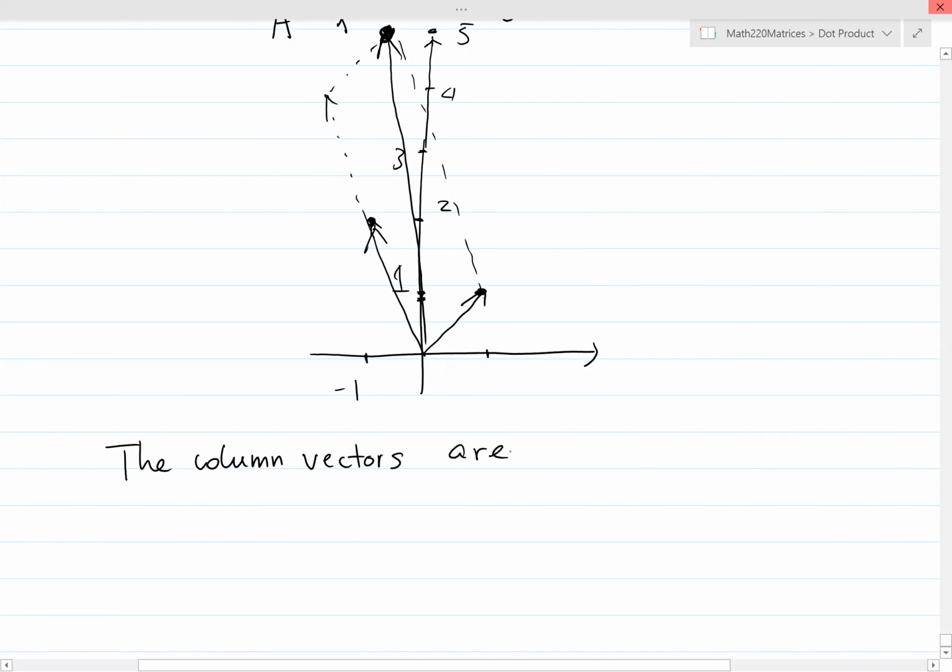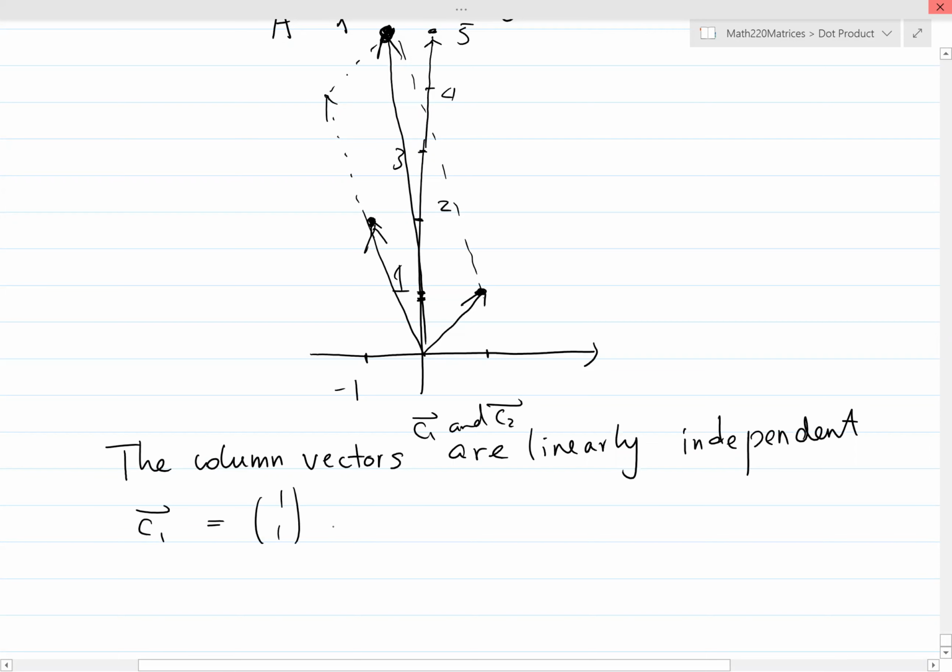They are in different directions, so they span the whole space. Here C1 equals (1, 1) and C2 equals (-1, 2).